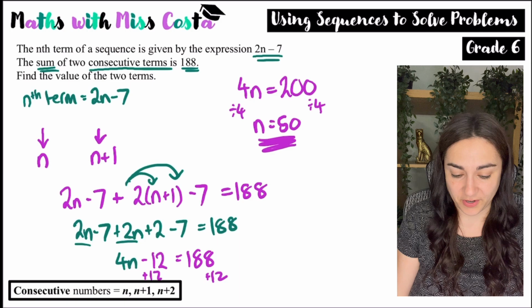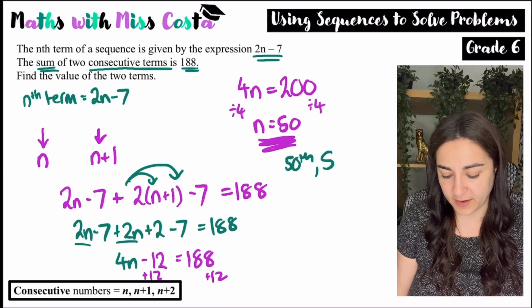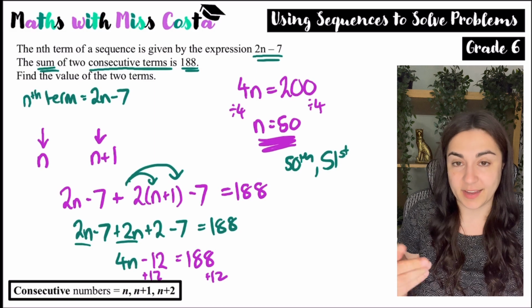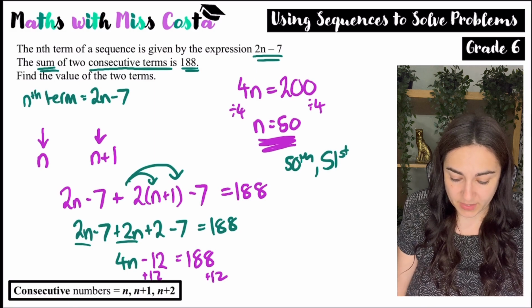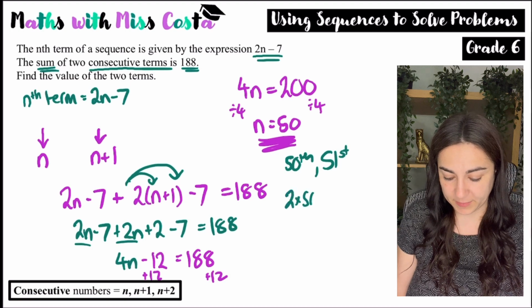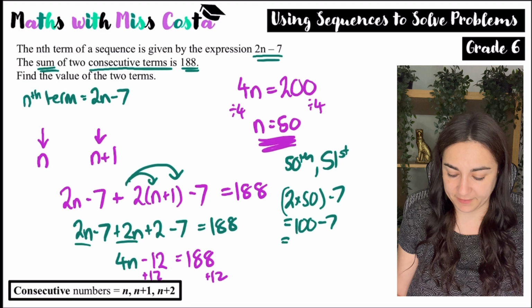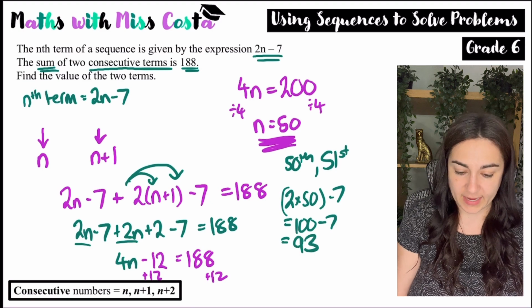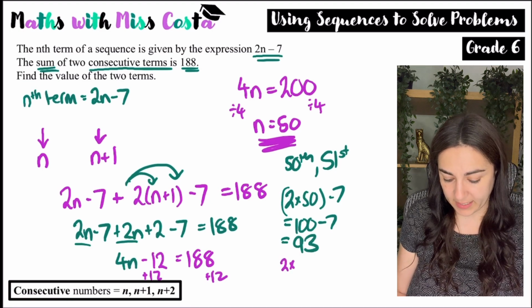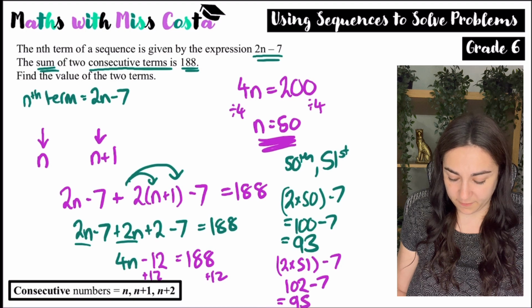so it's the 50th term, and therefore the two terms are the 50th term and the 51st term, and I need to work out the value of each. So if n is 50, 2n take 7 is going to be 2 times 50 take 7, which is 100 take 7, which is 93, and then the consecutive term is going to be 2 times 51 take 7, so that's going to be 102 take away 7, which is 95.